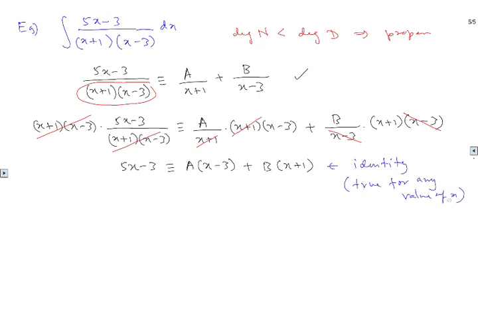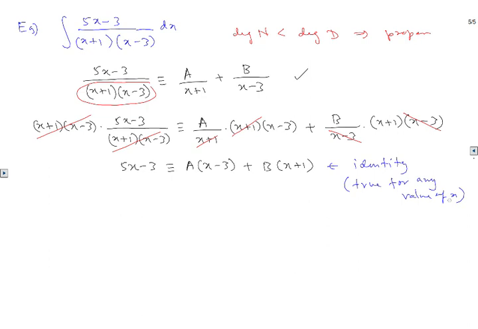So you can plug in any x value, and it is true. But there are some special values that make the calculation faster. Let's say you want to find A. You try to make the coefficient of B 0.